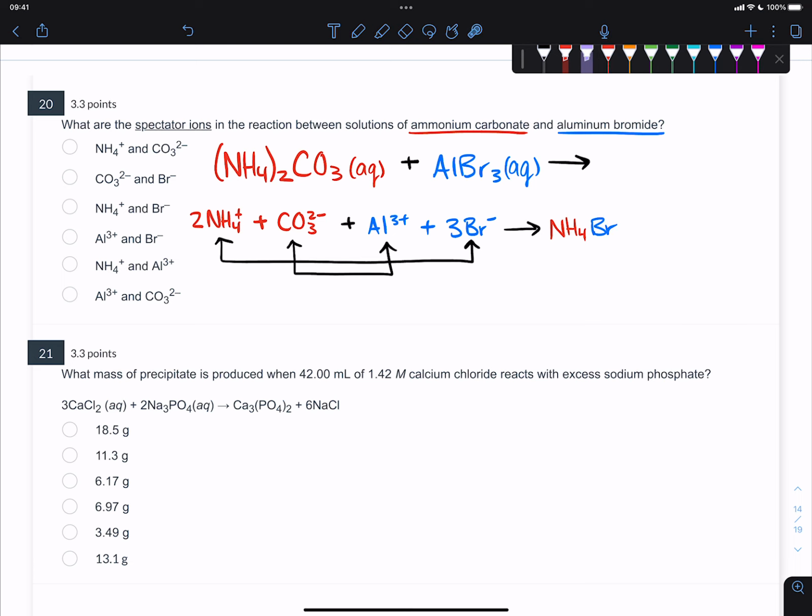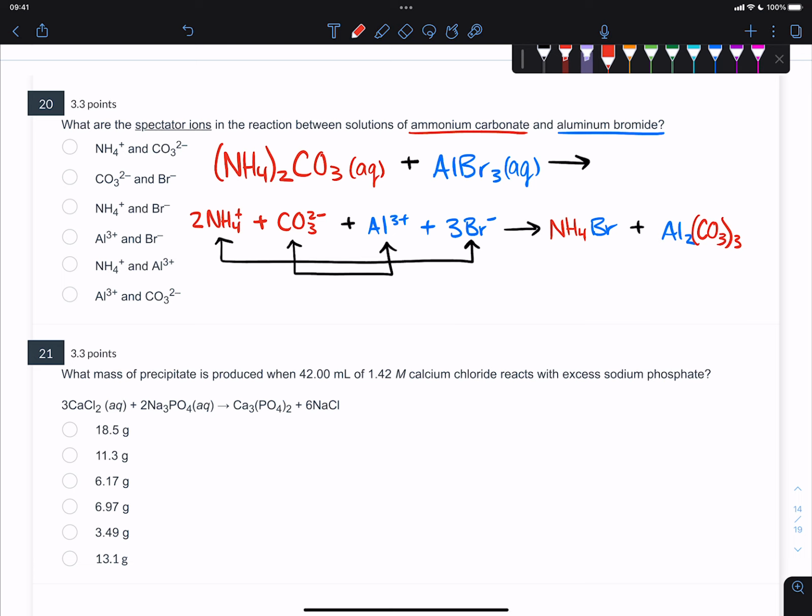The reason you just need one of each is because there's a single plus and minus on the bromides. We'll deal with the balancing part later. And then you also are going to get Al, which is a 3 plus, with carbonate, so it's going to be Al2, and then the carbonate is going to be CO3, but you need multiples of them. You actually need 3 of them.